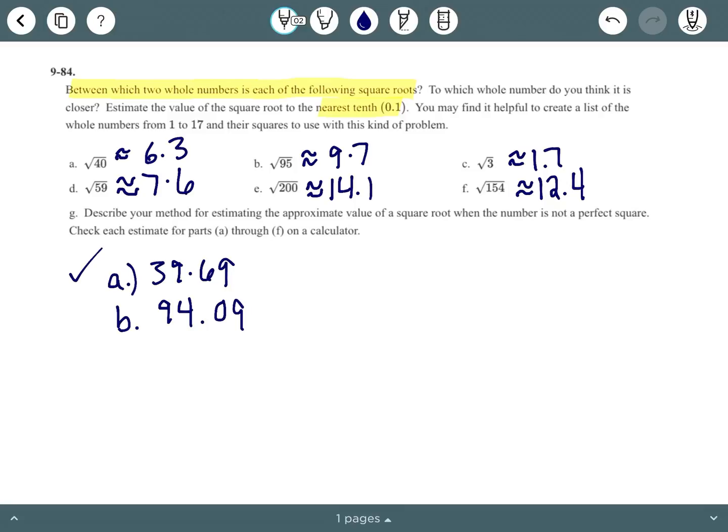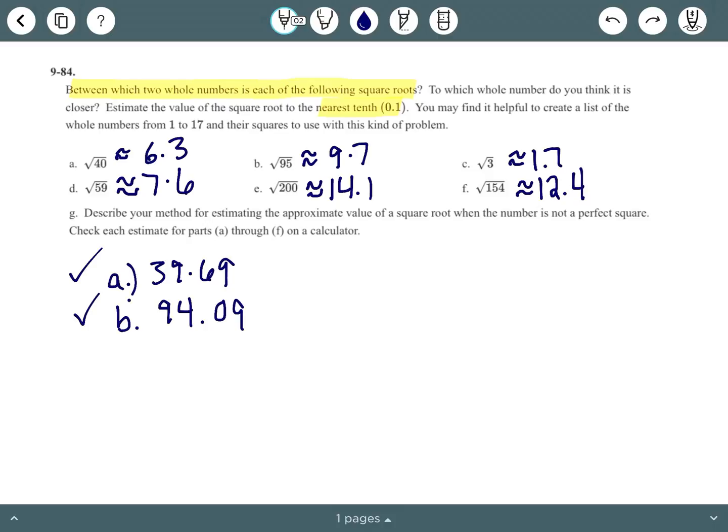So this is what we should have for our numbers here, and it should be close to our square root. So 94.09, that's pretty close. If anything, I'd say try 9.8 squared. It does give us 96.04, so this is actually closest. So we are good with that estimate of 9.7.